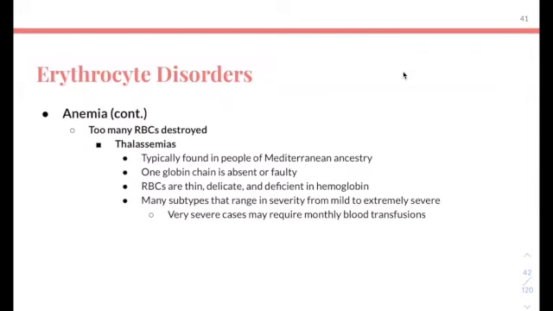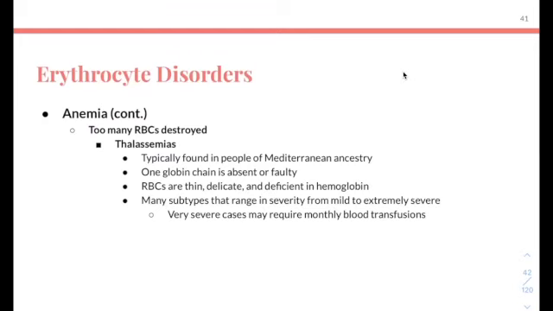So, a thalassemia is usually found in people of Mediterranean ancestry. So, one of those globin chains causes a problem because it's not there or it is faulty. They can't do anything with it. So, the red blood cells are very thin, delicate. They don't have the hemoglobin that they need.